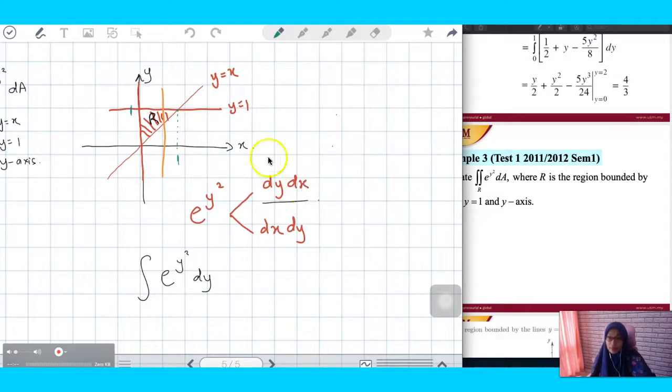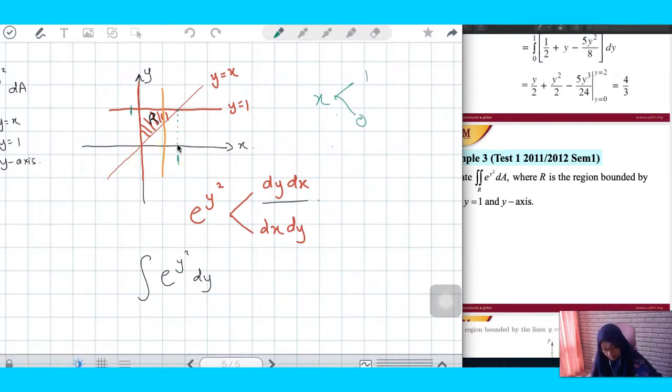Just read the x-axis. This line passing through the region lies between x equal to 0 and x equal to 1. So the highest value of x is 1. So x is 0 to 1.